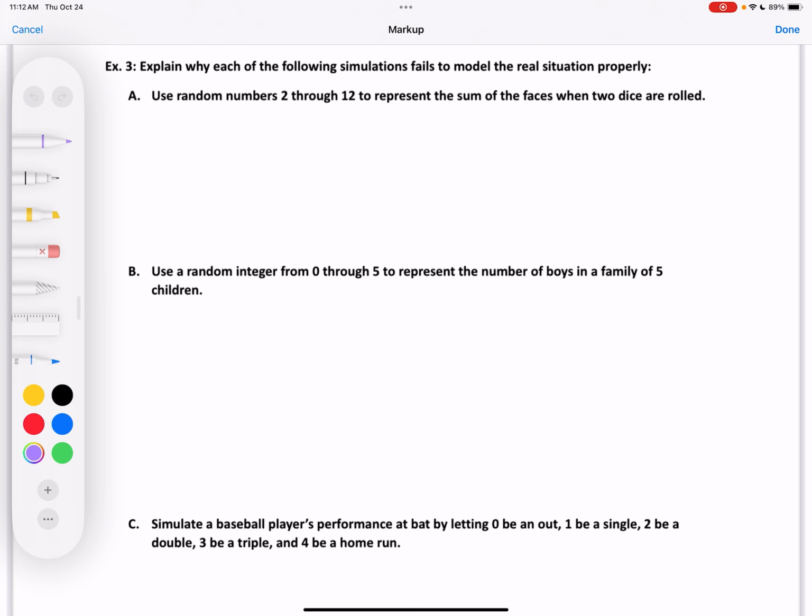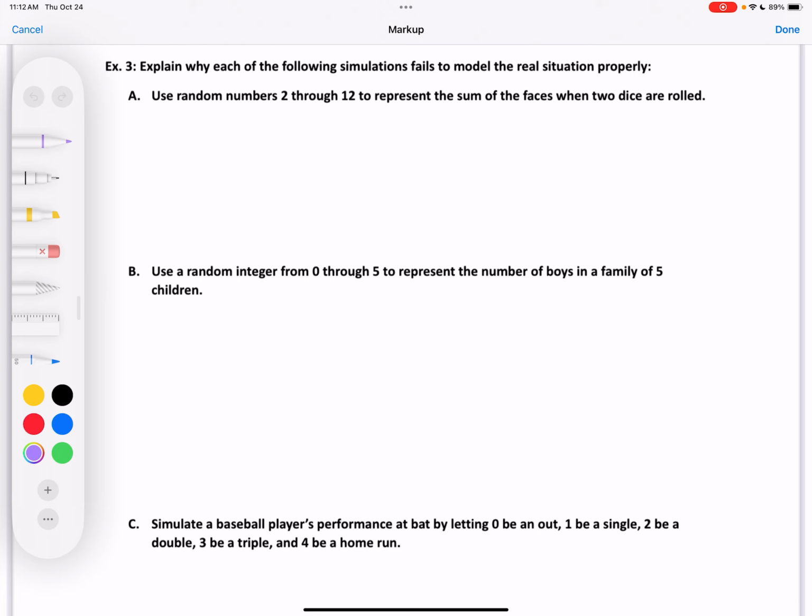How about 7? 5 and 2, 3 and 4, and 6 and 1. So there's a lot more ways that can happen, right? I think that's the one that has the most ways, but maybe not, 8 might be the most. I don't remember. Anyways, you get the point that all outcomes aren't equally likely.